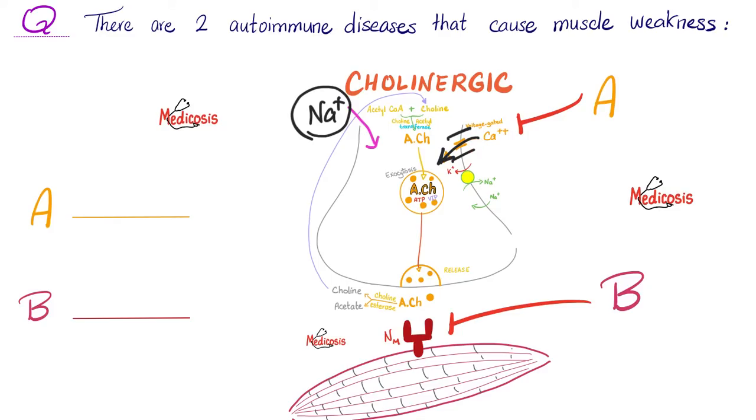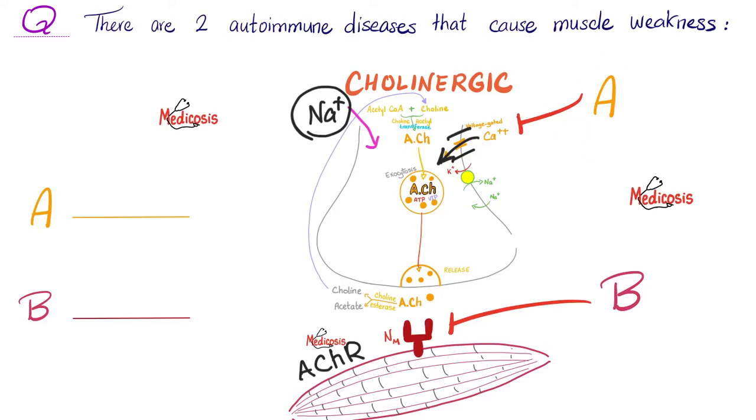Calcium is the hero of contraction. Calcium, contraction of the vesicle. The vesicle will rupture by exocytosis to release the acetylcholine in the synapse. Then acetylcholine binds onto the skeletal muscle receptor. In this case, it's nicotinic sub-M receptor or acetylcholine receptor. After this, the skeletal muscle will generate its own action potential and contract.